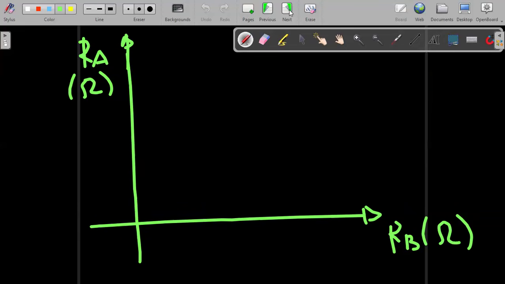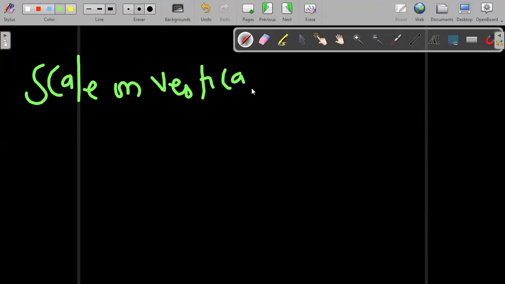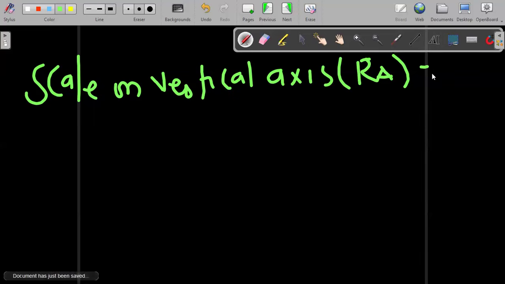After drawing this line, the next thing you do is write K on the vertical axis, which is R_A in brackets. Put it like this. It equals 2 centimeters to represent.